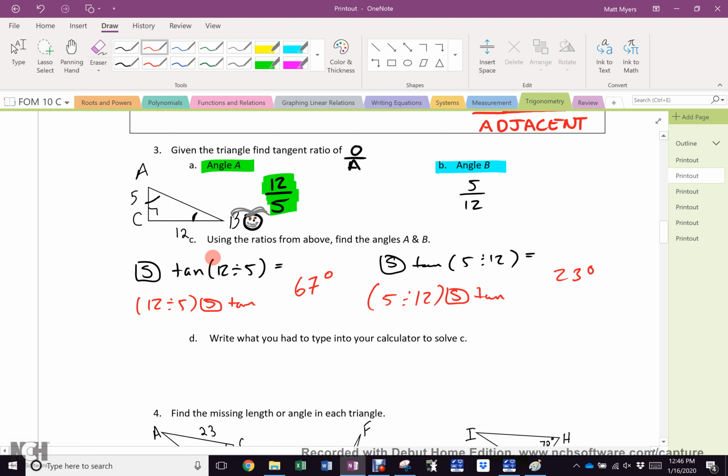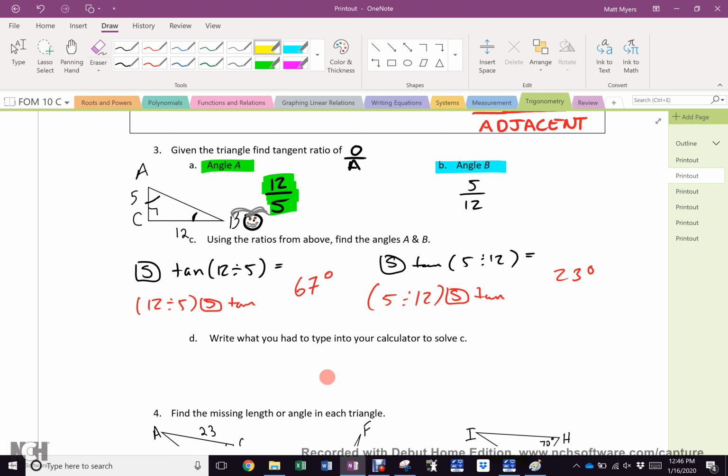Everybody cool? Now look here. What you typed to do these, I want you to write it right here. Actually write the buttons that you pushed, so I don't have to answer the question 75,000 times. How did you get that? Okay? Write what you had to push.